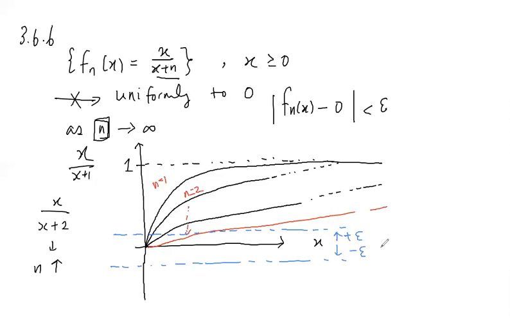So it's bounded within epsilon. Now, you can see that it's actually not possible for it to become bounded, because the boundedness then depends on x, whereas you cannot have dependence on x for uniform convergence.